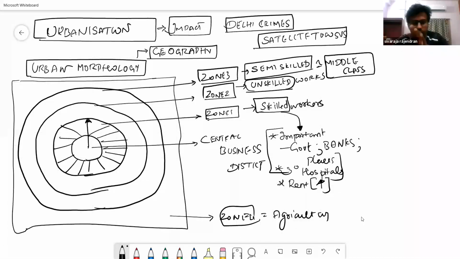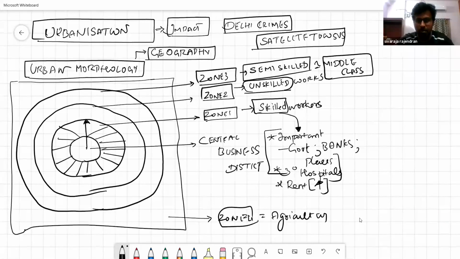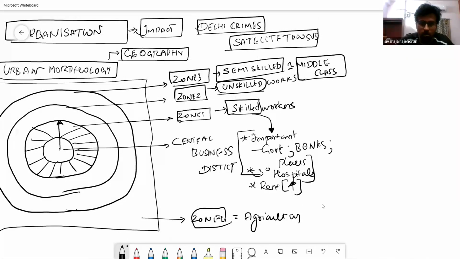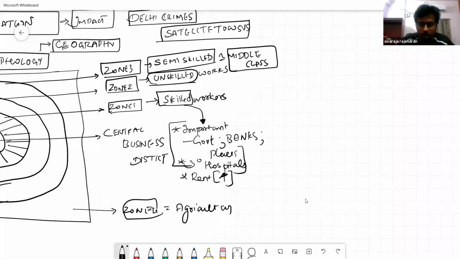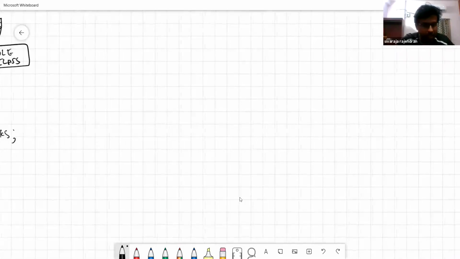So now come to a live example. I'll tell you the live example. Keep this in mind and look at Chennai now.